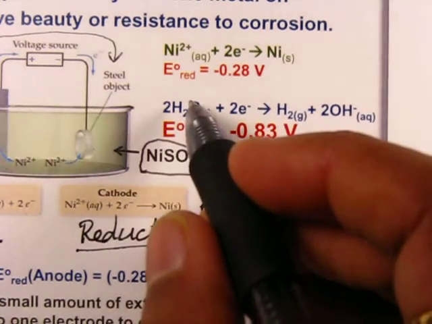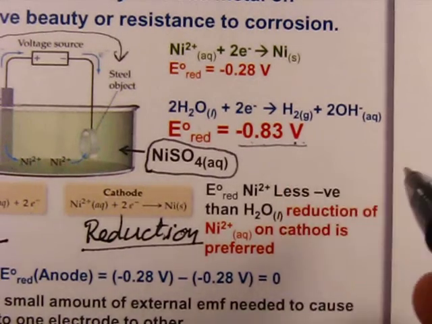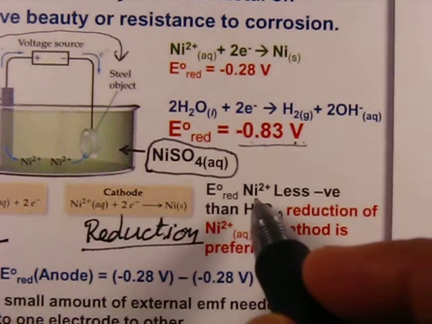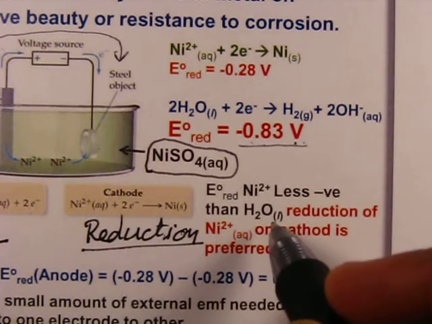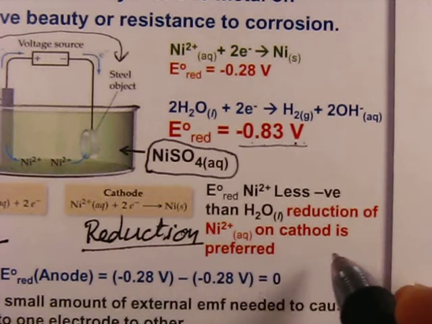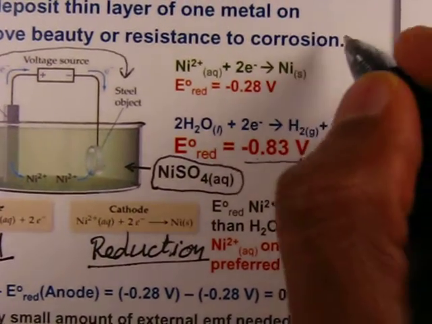Basically here hydrogen ion is gaining the electron. So if we compare these two electrode potentials, nickel ion is less negative than the water reduction, therefore nickel reduction on the cathode is preferred.